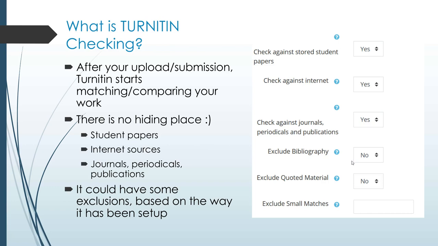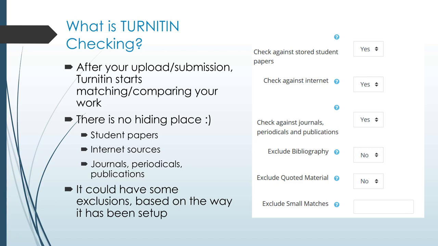At the start of this, I always say you need to understand what Turnitin is checking. After you upload your submission, Turnitin starts comparing your work with everything out there: student papers, internet sources, journal articles, periodicals, and publications. So there is no hiding place, like I tell my students.